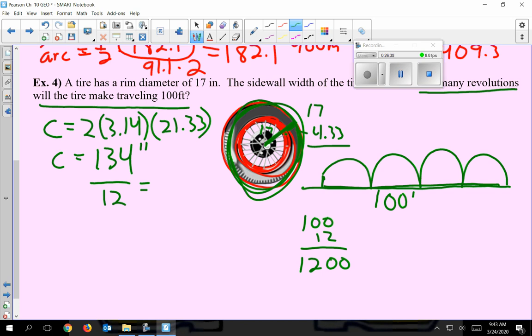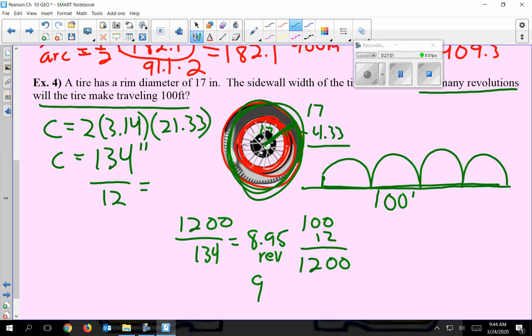So I converted that to 1200. I'm going to take the 1200 and divide it by 134. And it comes out to be about 8.95 revolutions. And so I just rounded it to 9.